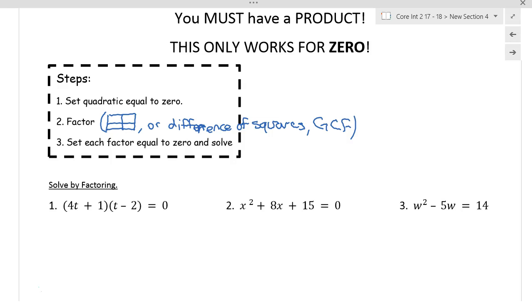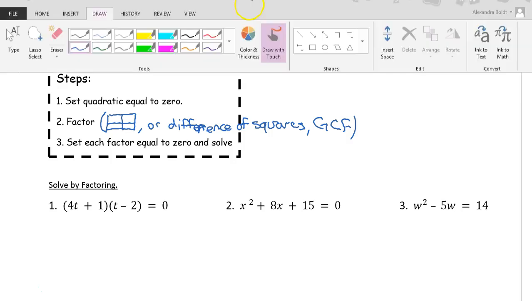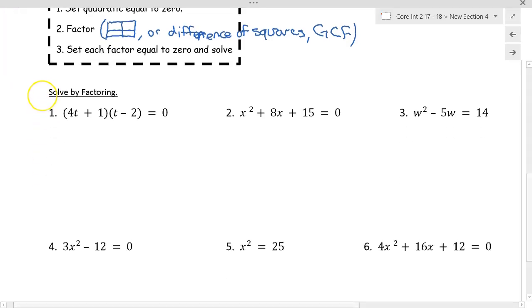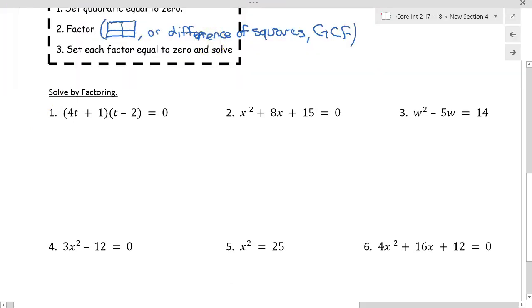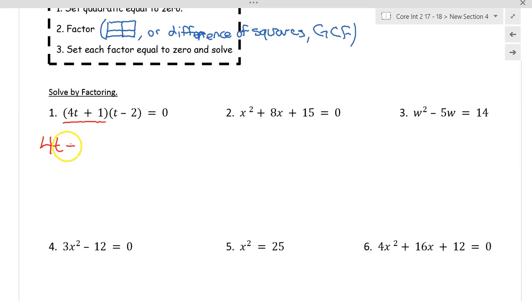So let's look at number 1. Number 1 says 4t plus 1 times t minus 2 equals 0. This one is already factored for us. So I have 4t plus 1 equals 0, and t minus 2 equals 0.